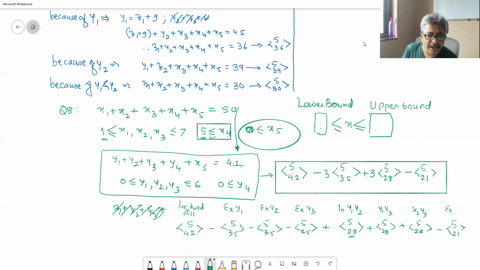So that is what we did here. We have put 1, 1, 1 ice cream for y1, y2, y3 in the basket and 5 ice creams of the fourth flavor in the basket. And now we are trying to calculate in how many ways we can take 42 ice creams home out of 5 flavors.